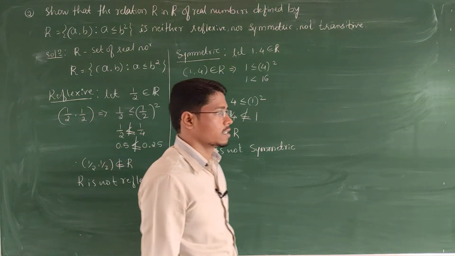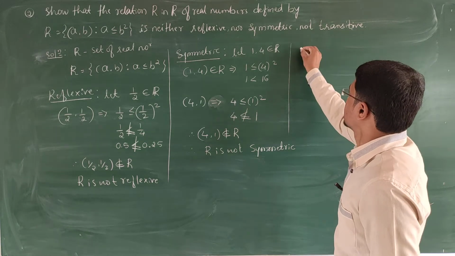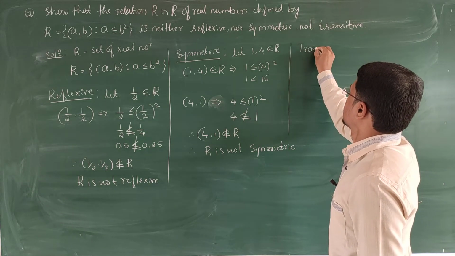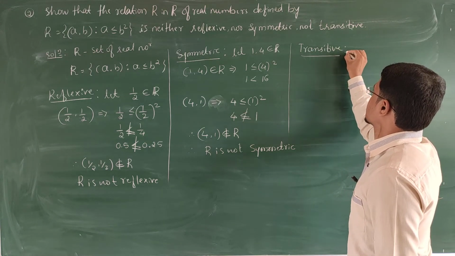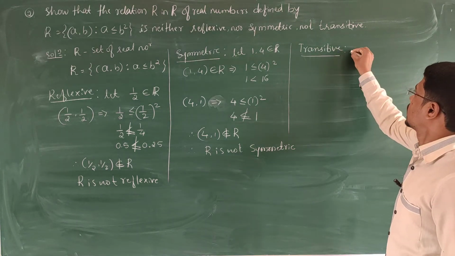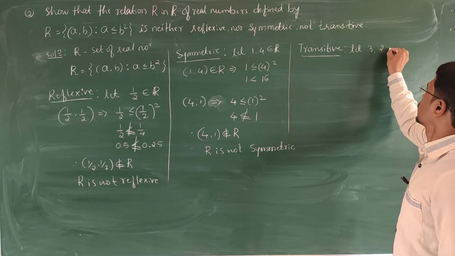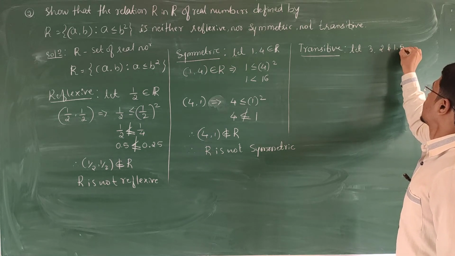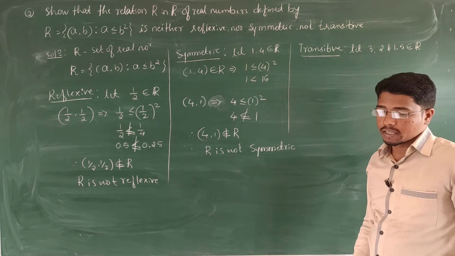So let's check the transitive relation. Consider numbers: let (3, 2) and (2, 1.5) belong to R. I am considering three numbers.